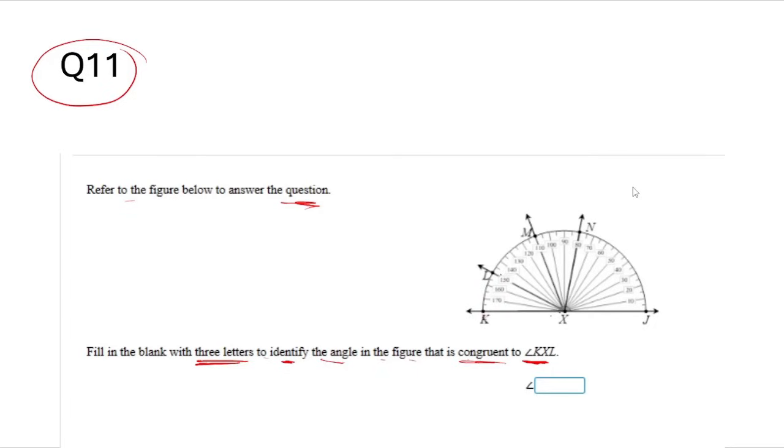Okay, this is the angle. It's asking which angle of these is equal to this angle as a measurement. Congruent means which angle of these 3 angles equals this angle. This is the meaning of congruent, okay?